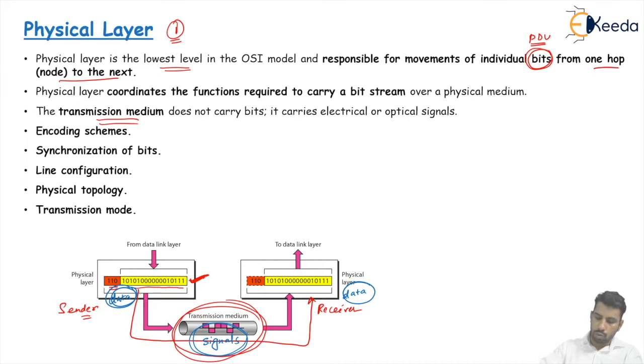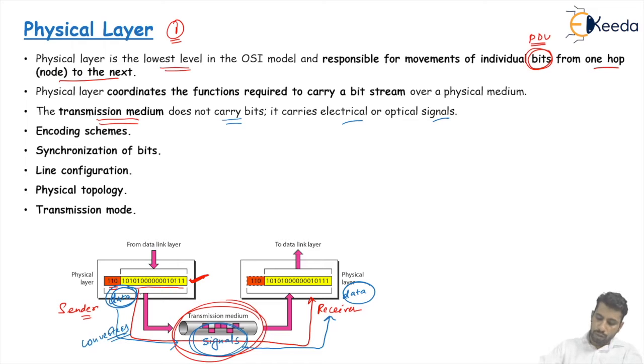So the transmission medium does not carry bits, it carries electrical or optical signals. This means we need a converter which converts this data into signals, and at the receiver side converts the signals again into data.